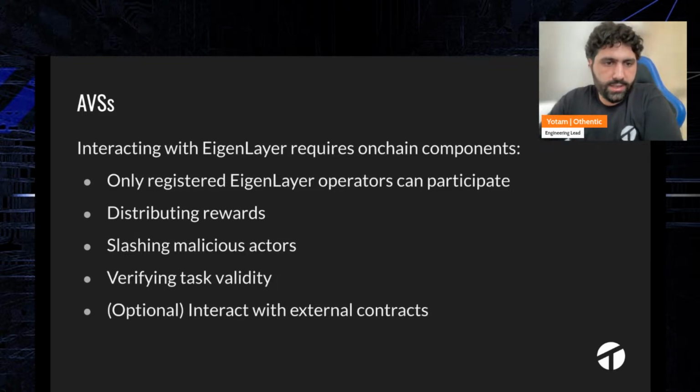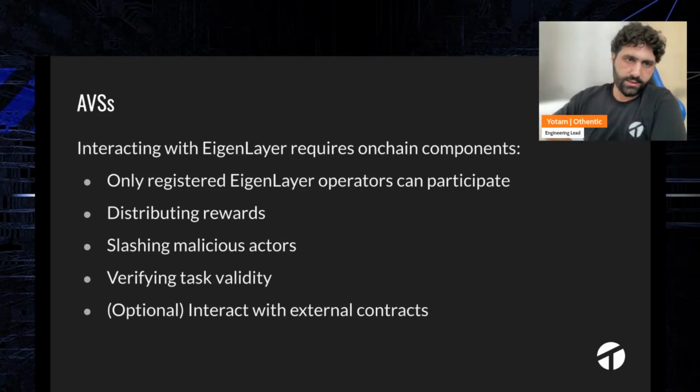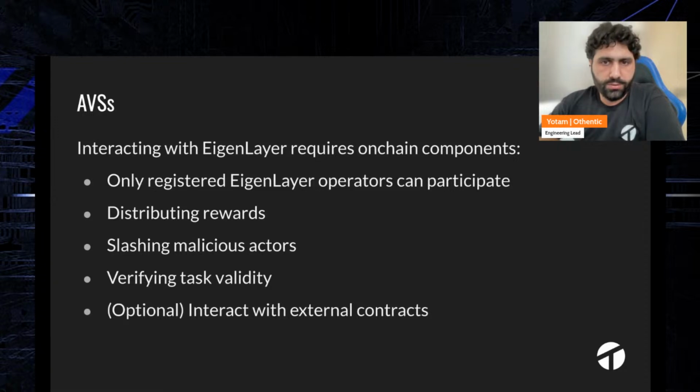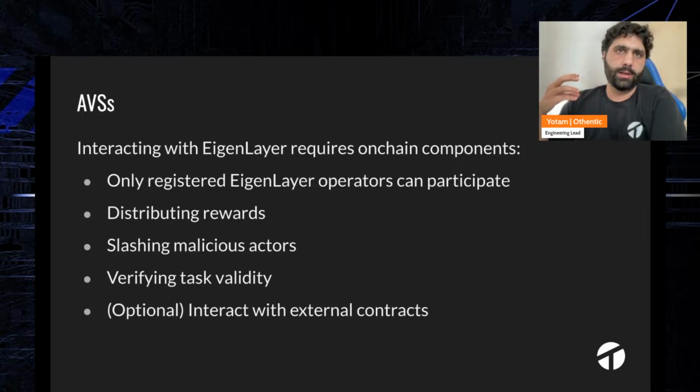Now, if we think of AVSs, they are very similar to proof-of-stake networks in the sense that they have this off-chain component that is validating some sort of logic, that's your AVS. But these AVSs also need to be able to communicate with the EigenLayer protocol.